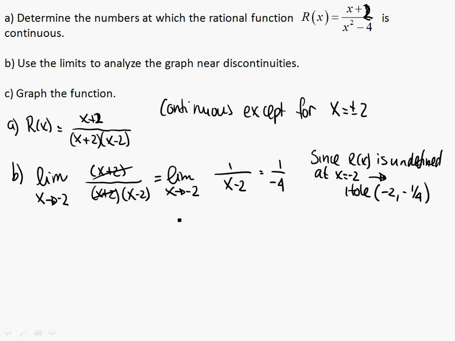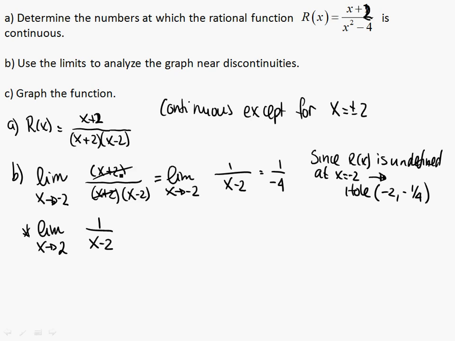It's also undefined at a positive 2. So this would be the limit as x goes to a positive 2. And we have a problem here, don't we?